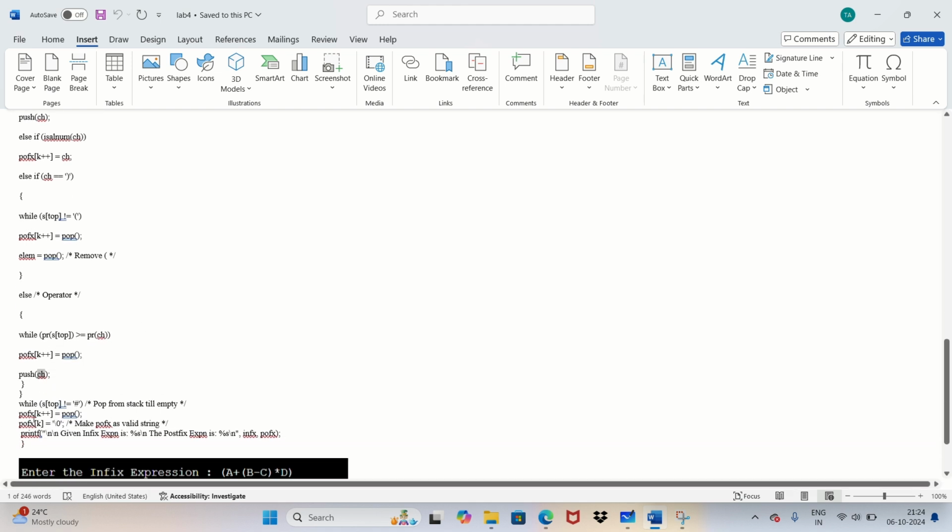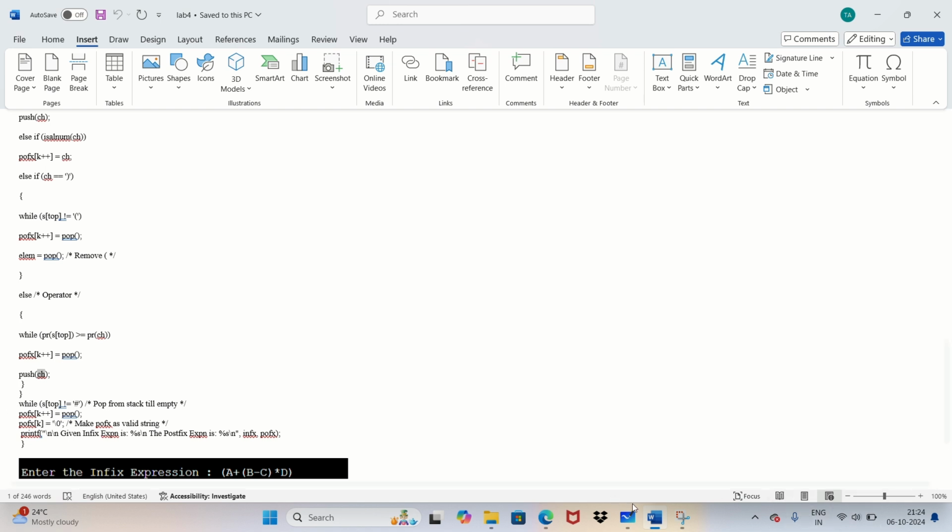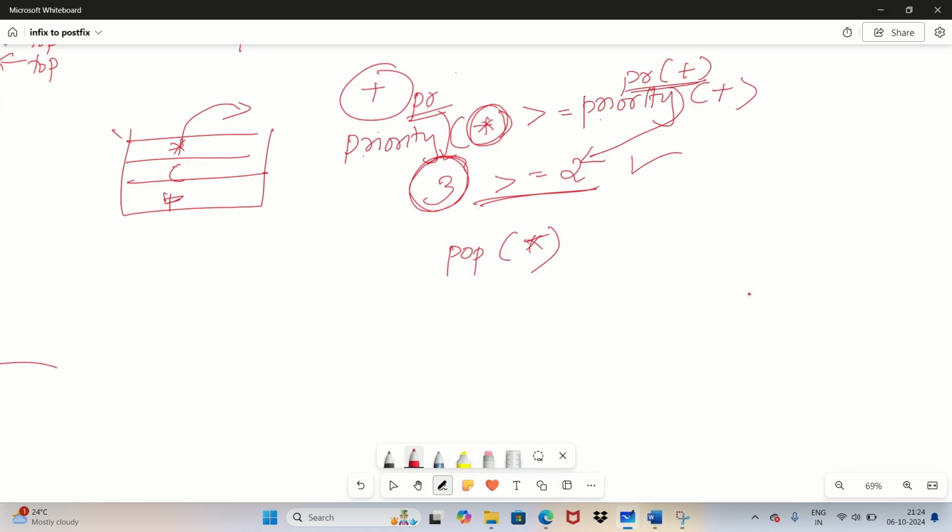Finally, there may be times when the elements from your infix are over. There is no infix left, the character scan is over, but in some cases there may still be some operators left in the stack.